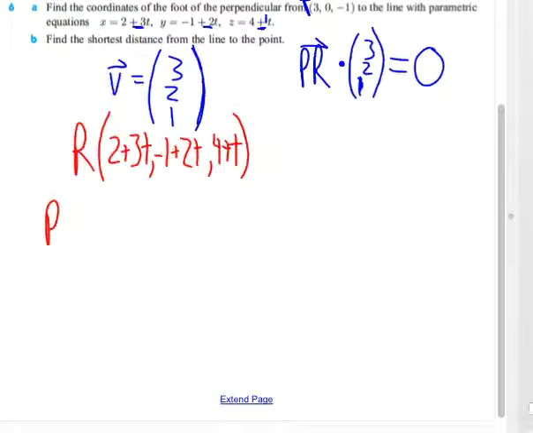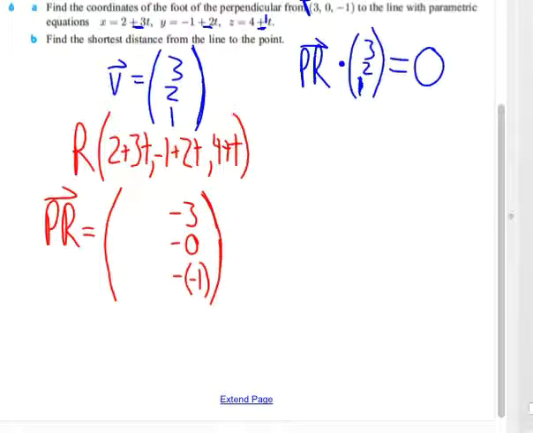So vector PR is the vector between the 2 points. We have the point we're coming from is 3, 0, -1. I'm going to subtract those coordinates from the coordinates of the point we're going to. So here are the coordinates of the point we're going to. 2 plus 3t, -1 plus 2t, and 4 plus t.